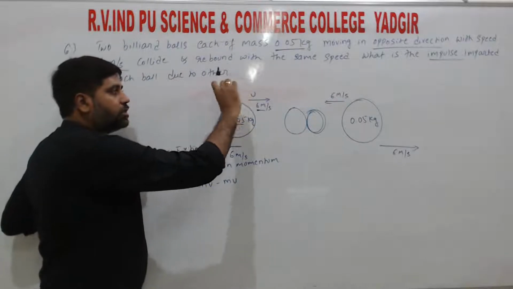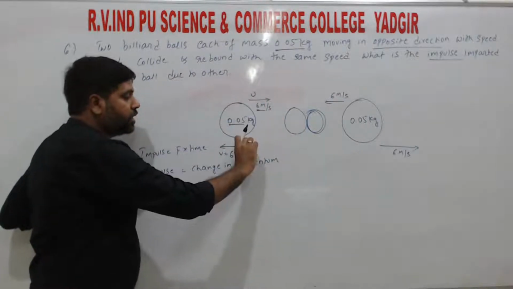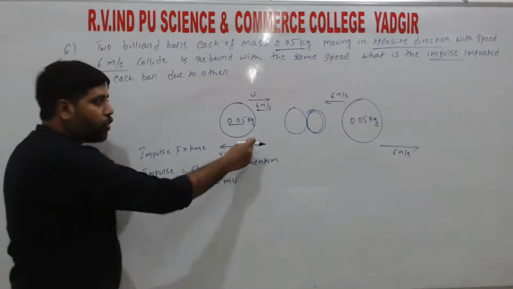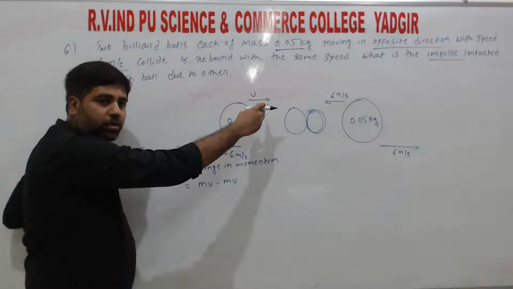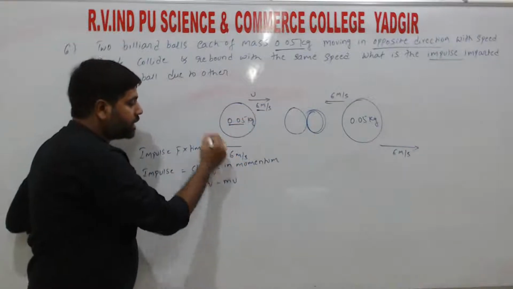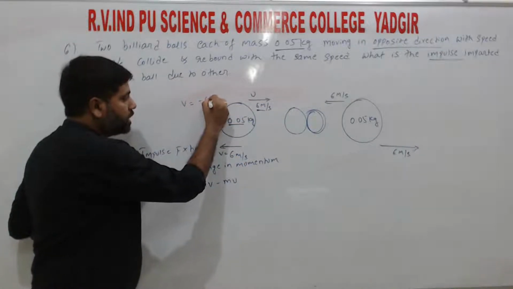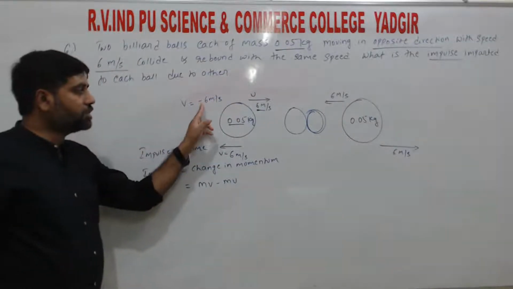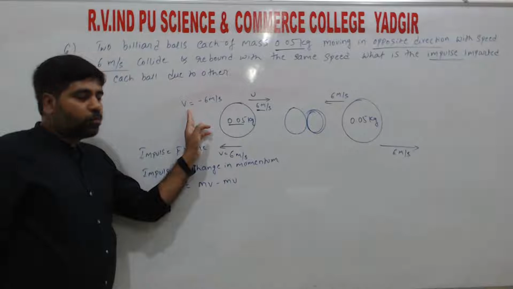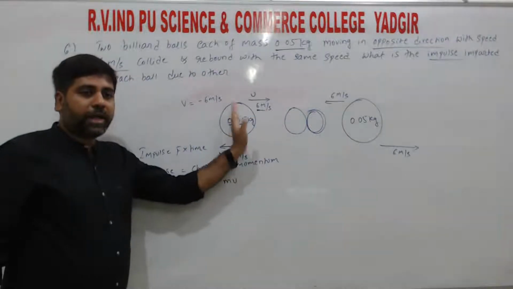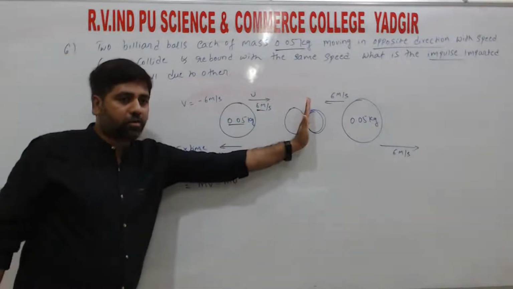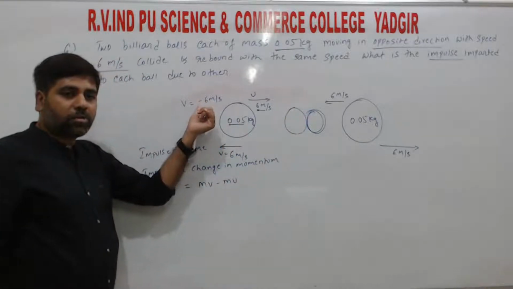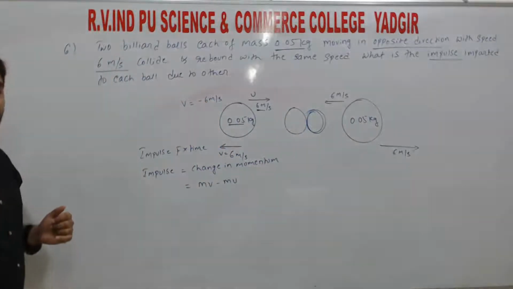Initial velocity is along the positive x-axis, and final velocity is opposite to that, opposite to the motion of the billiard ball. That's why we take v equals minus 6 meter per second. Minus represents that the object is moving opposite to the initial motion. Initially it was going in this direction, and after collision it comes back opposite, so minus is taken to represent direction, right?